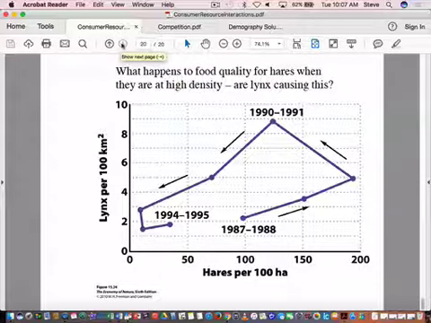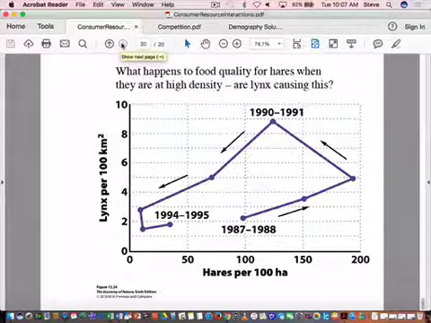So the question is, what's causing these oscillations? Are the lynx the primary drivers of it? This would be what's called top-down control, right? The predators are driving the hares through these oscillations by causing high mortality, and then they eventually fall. The other alternative is the plants could be driving this, and the lynxes just follow along, right?